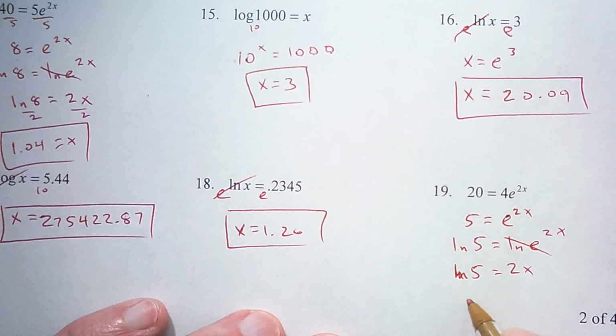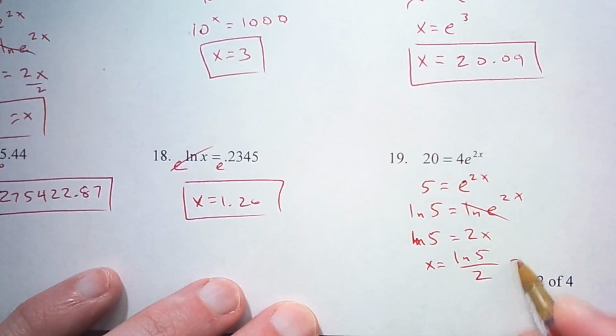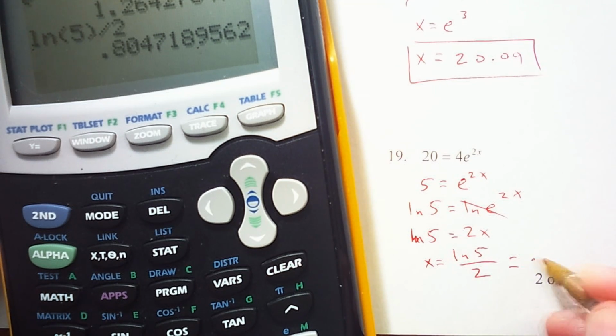And we can divide both sides by 2, so x is natural log 5 divided by 2. I need to close my parentheses, and I did it divided by 5 instead of 2. So we get 0.8047, so 0.80.